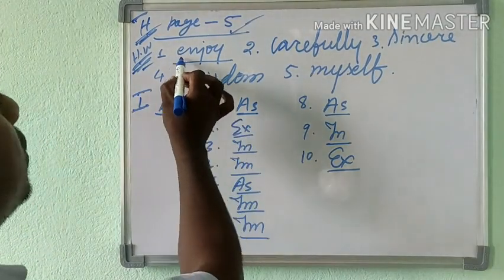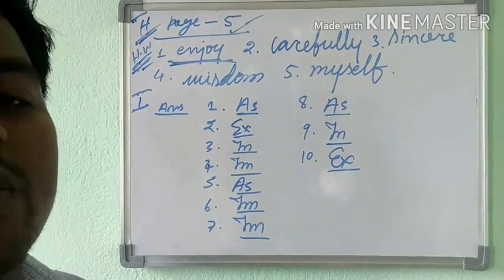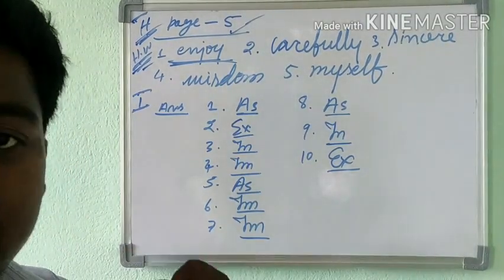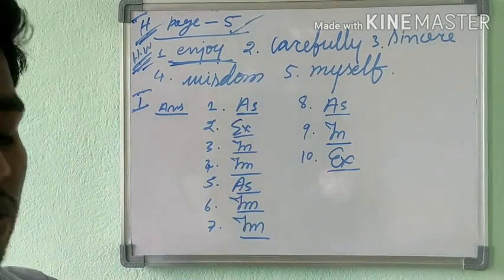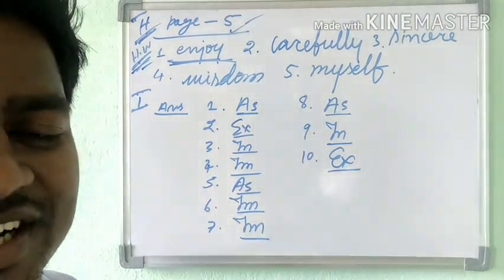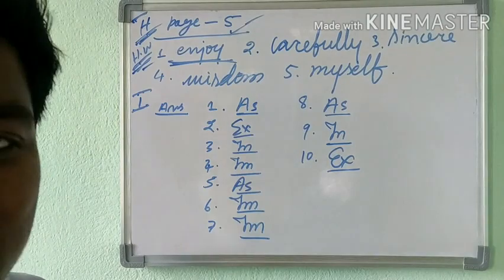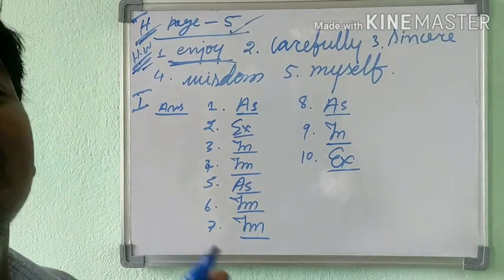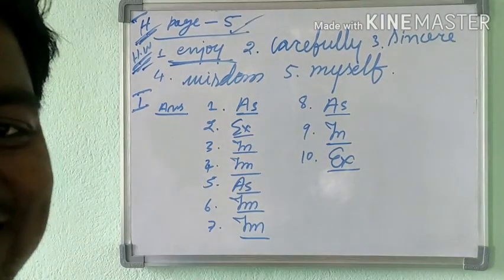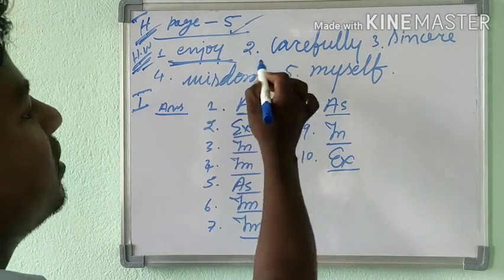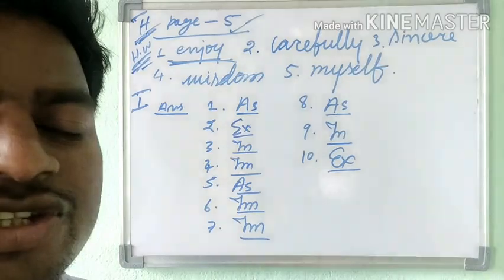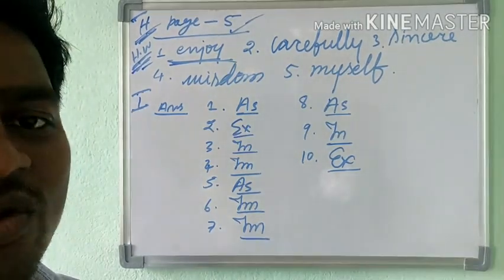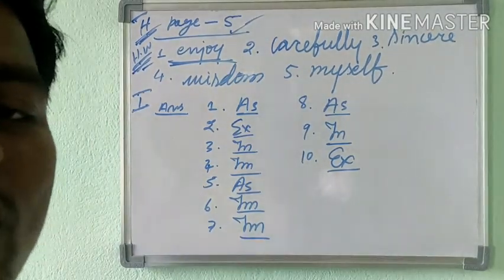From the first word, enjoy, we have to make 1 assertive sentence. With that word only, we have to make also an interrogative sentence, then imperative sentence, and then exclamatory sentence. So like that, with all these 5 words, we have to make each sentence. Okay, clear? You do it for your homework.